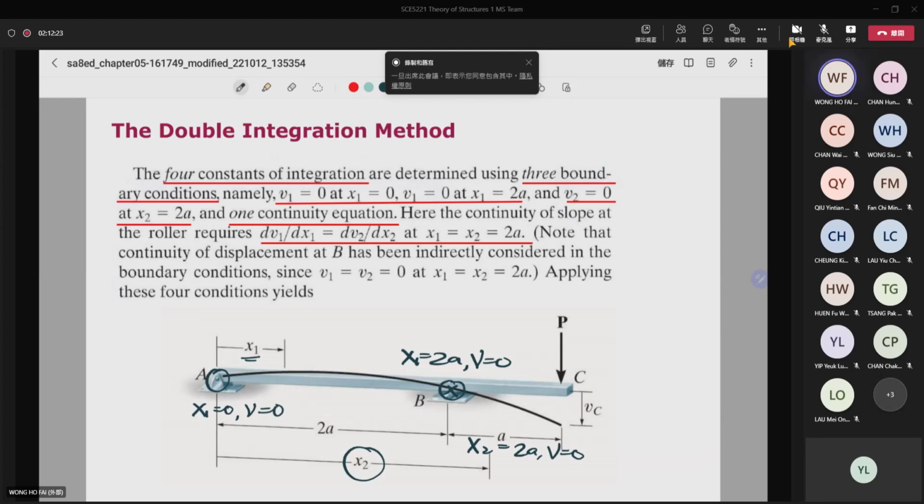The last one actually you can see right here. At this point, this theta is equal to this theta. That means the rotation on the left-hand side will be equal to the rotation on the right-hand side.